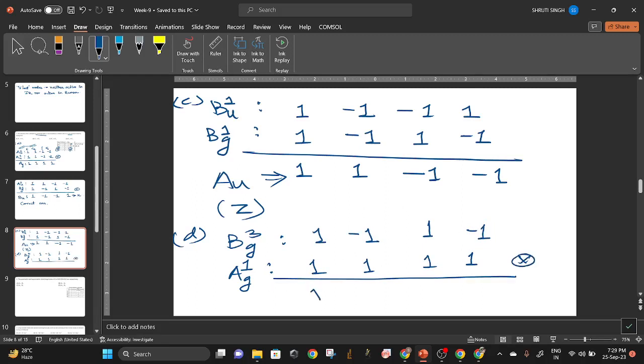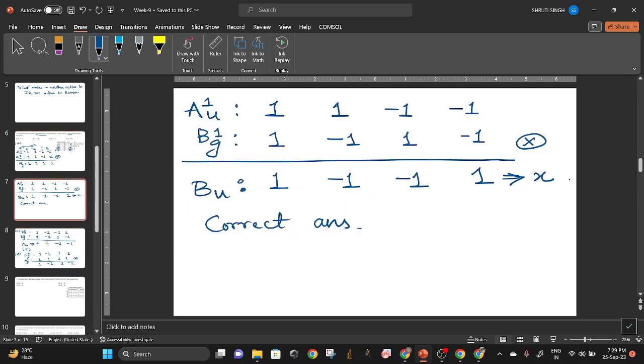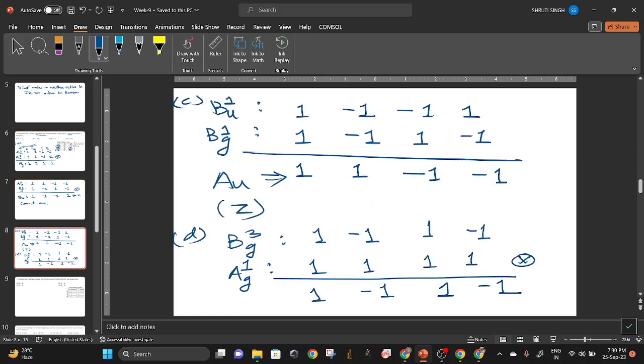Cross multiplication gives 1, -1, 1, -1. Now this is again Bg, 1, -1, 1, -1. But it doesn't contain any X, Y, Z basis. So this is again not allowed.